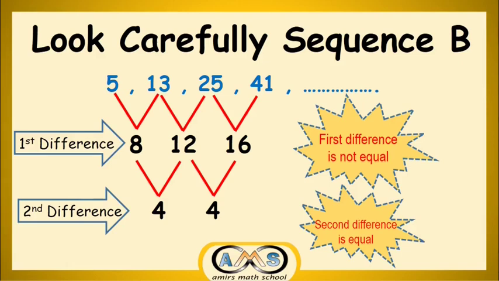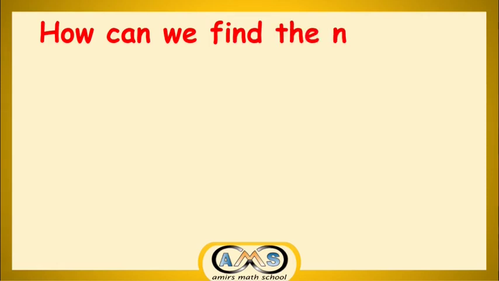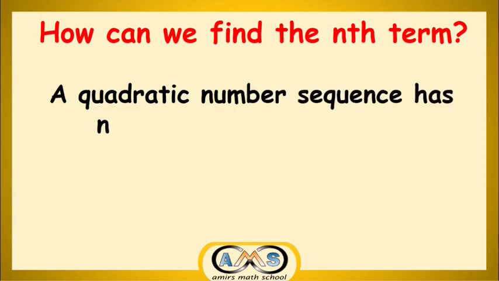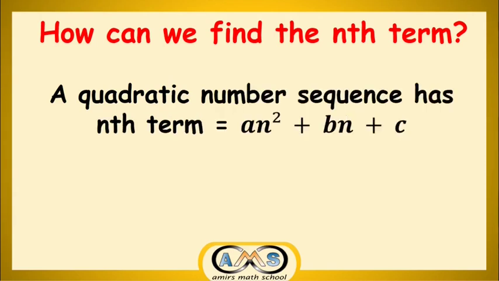The previous sequence was a linear sequence, and we learned the formula for finding its nth term. Now we are going to learn the nth term of this quadratic type sequence, sequence B, where the second differences are equal. So how can we find the nth term of a quadratic sequence? A quadratic number sequence has an nth term equal to an squared plus bn plus c.